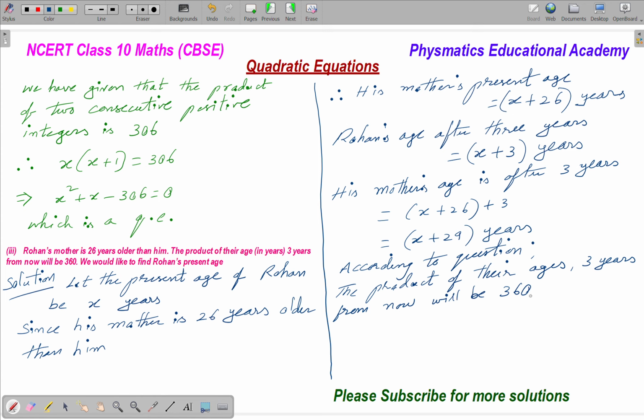This is what is given in the question. Now, considering all the above parameters, we can write an equation: x plus 3 multiplied by x plus 29 is equal to 360.